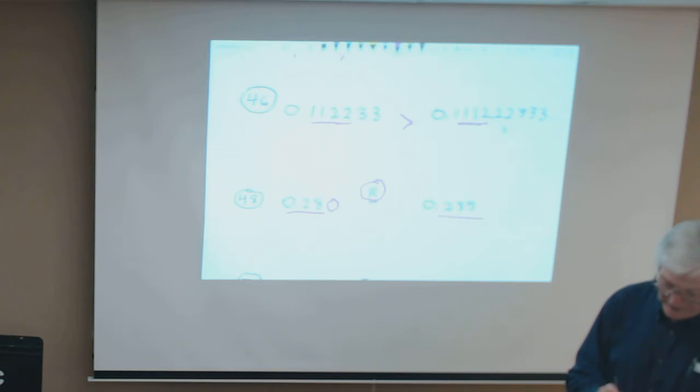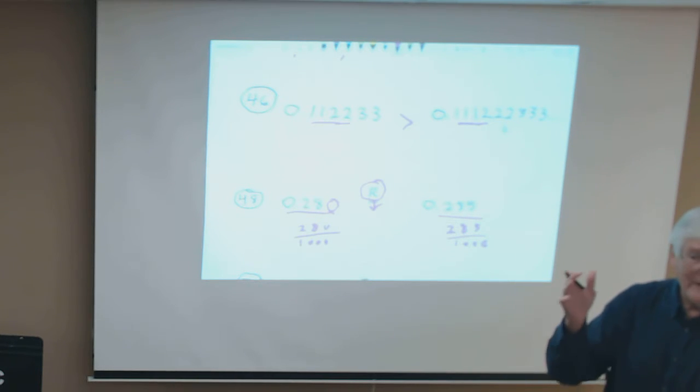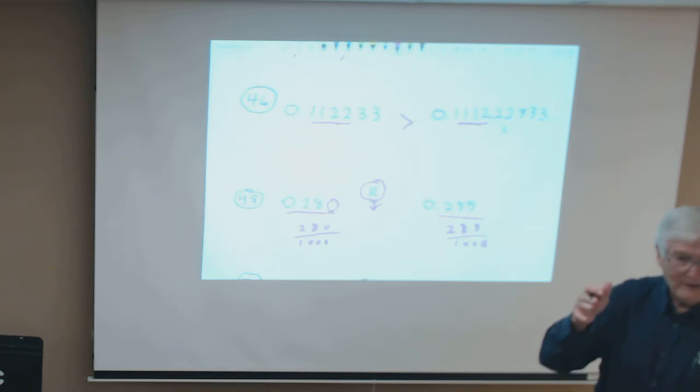So now I have 280 over 1,000 and I have 285 over 1,000. Everybody follow what I'm doing? Making fractions out of them? Now, pick a number between 280 and 285. 283. So that could be your answer.